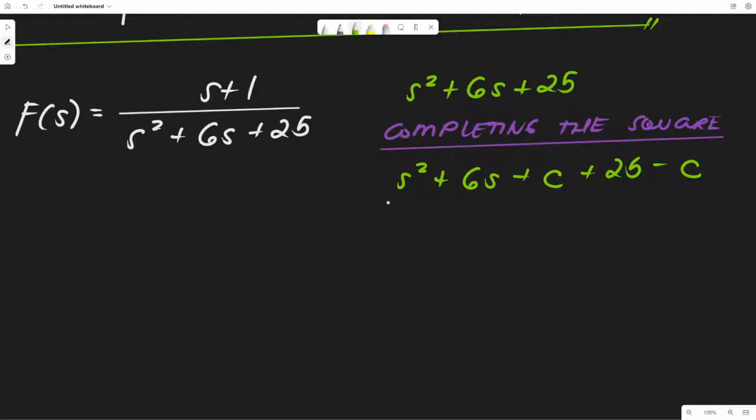So what is the formula for c? c is equal to b squared over 4ac.